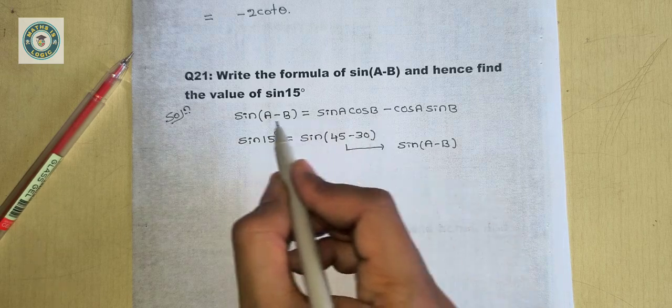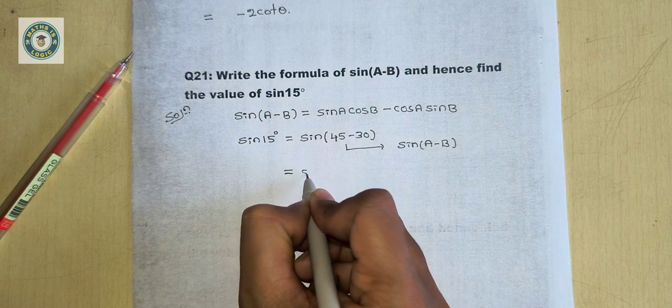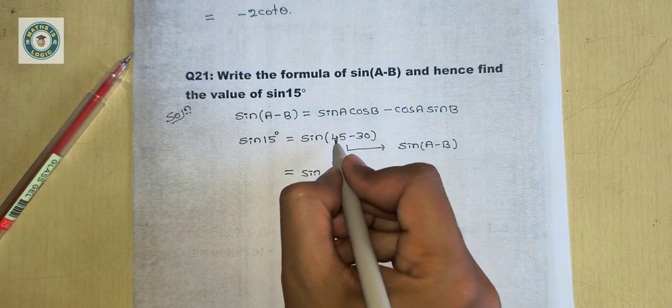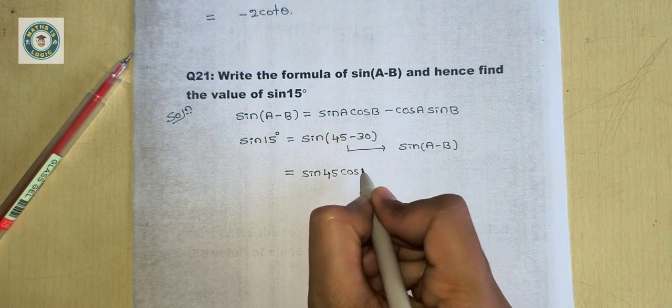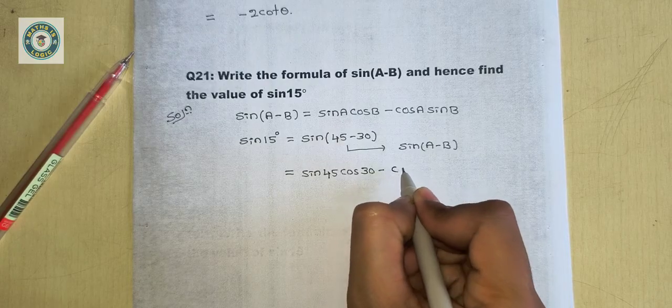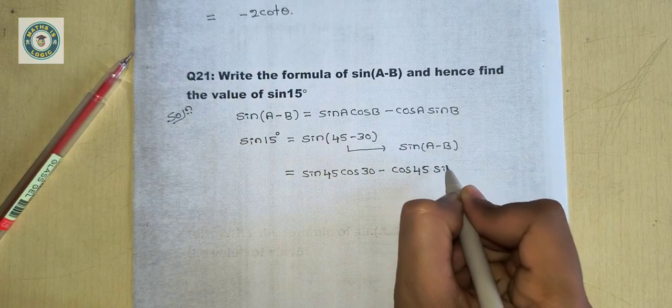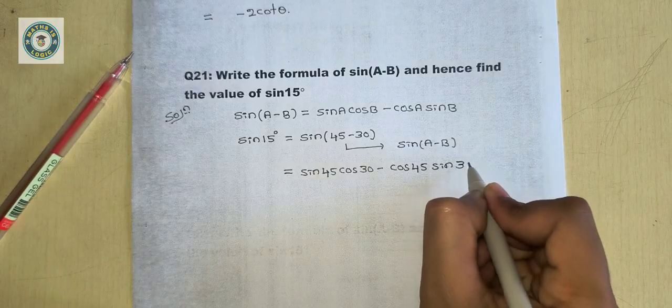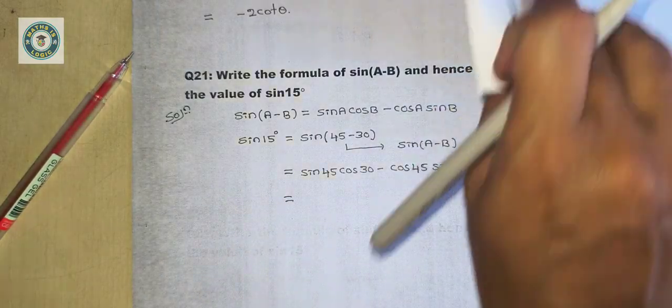That time we are going to apply which formula here? Sine A minus B. So formula is sine A cos B, 45 and 30, minus cos A sine B, 45 into sine 30. So after that, next we need to see a trigonometric table.